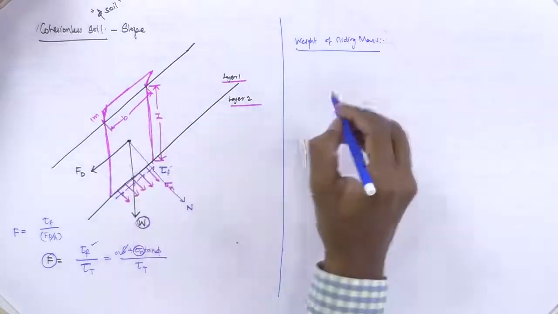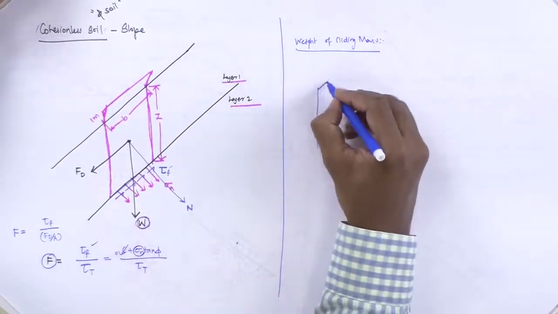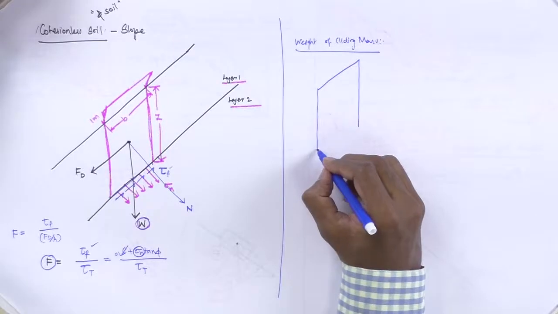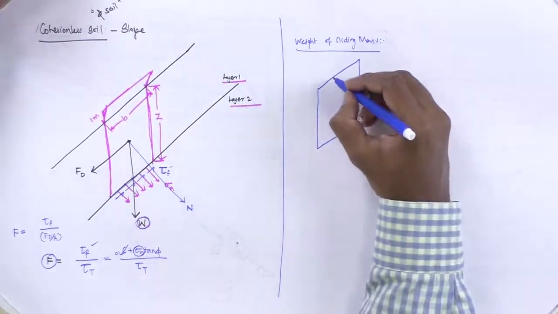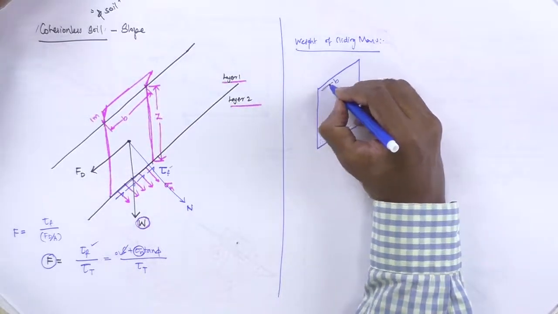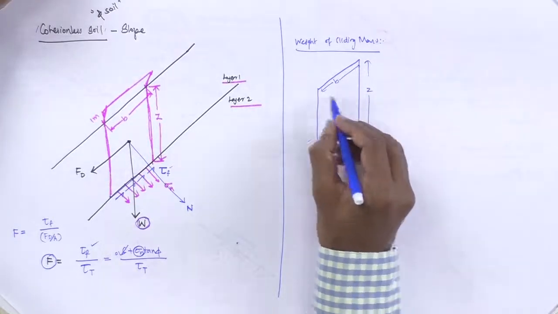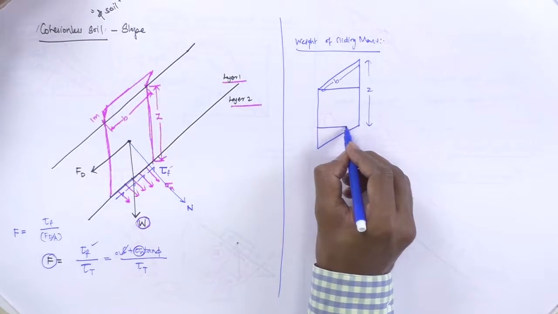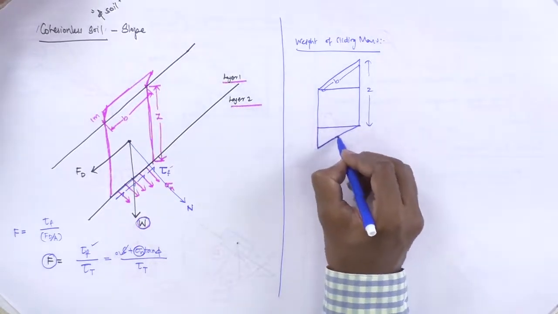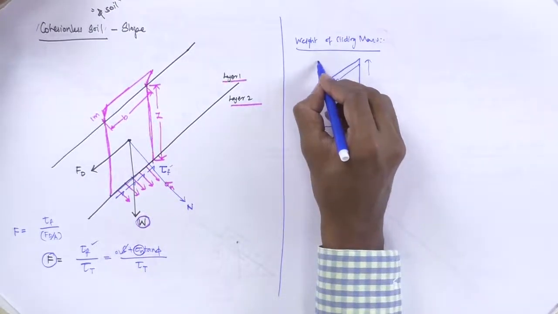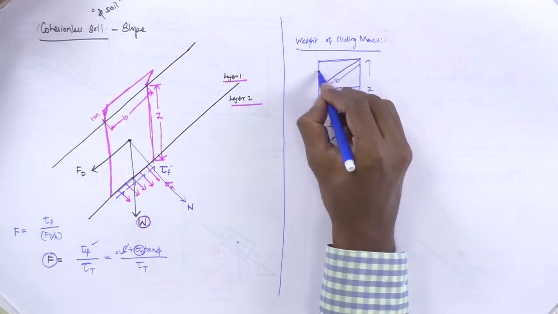So let me draw this same portion. I'm just zooming in. So this is b, and let me draw a line like this. If I cut this triangle and place it here, it is going to fit exactly into the position.